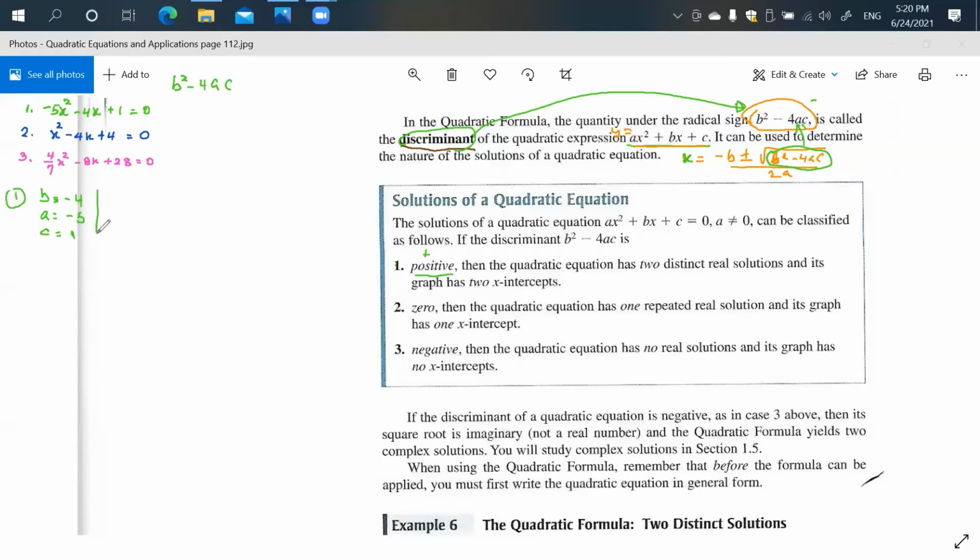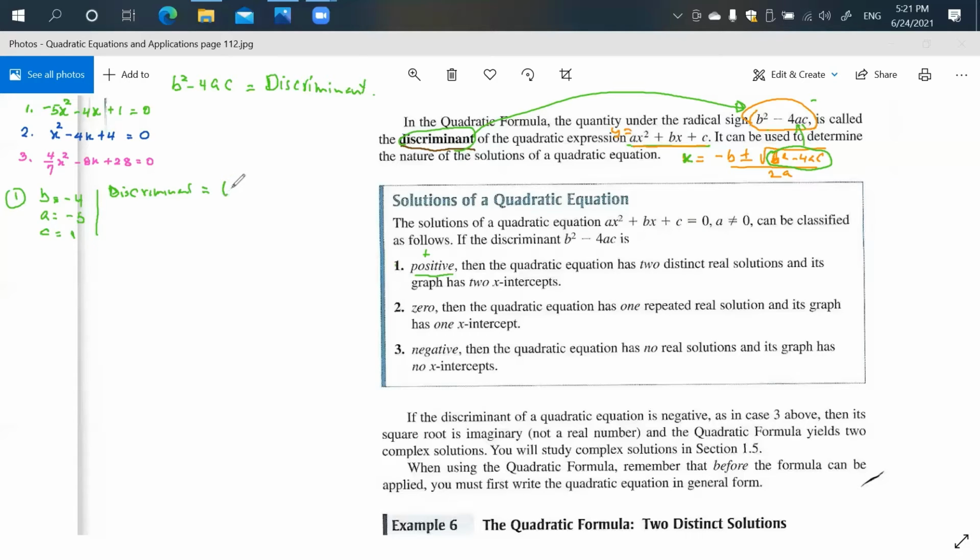After this, you replace in the discriminant formula.